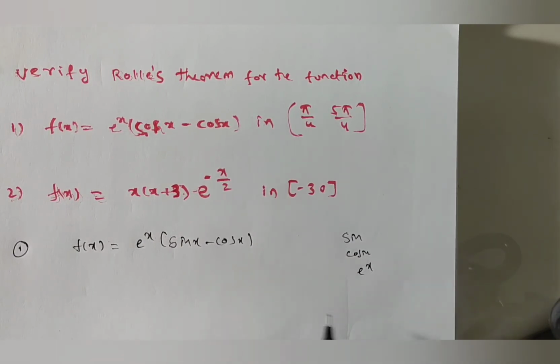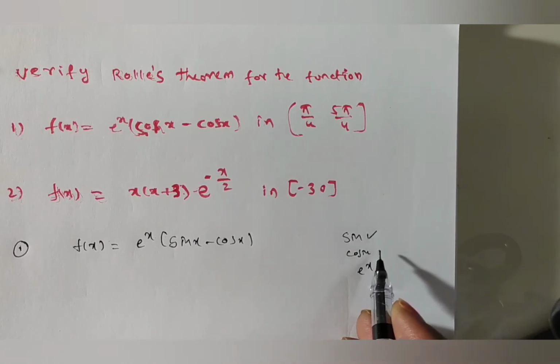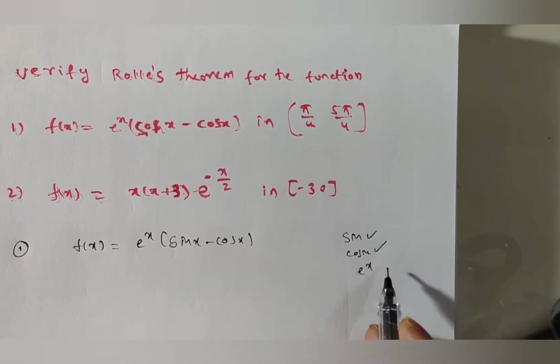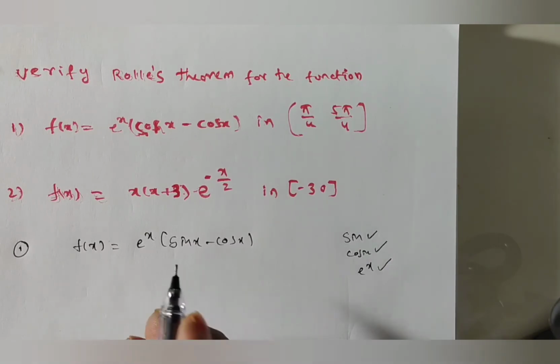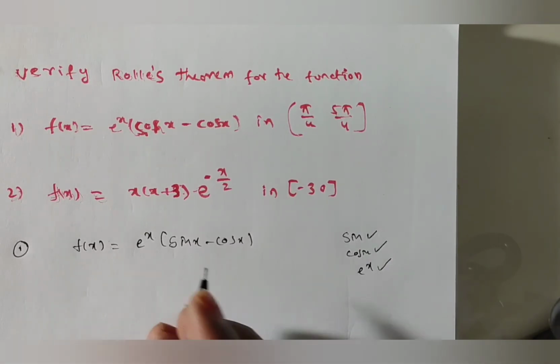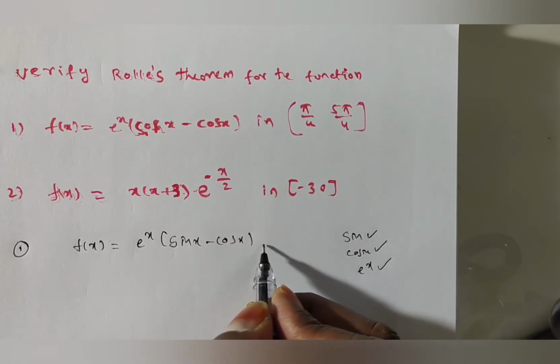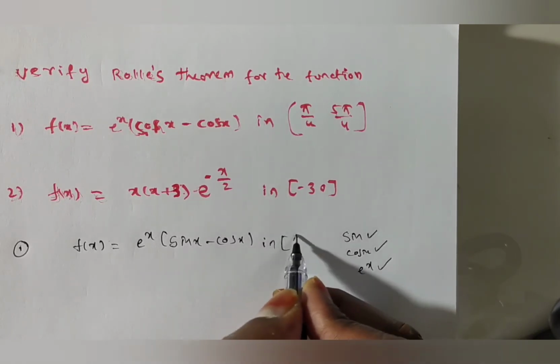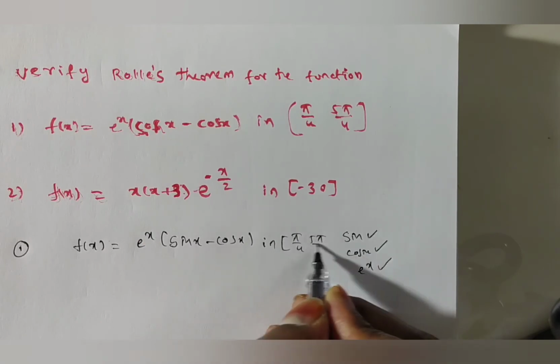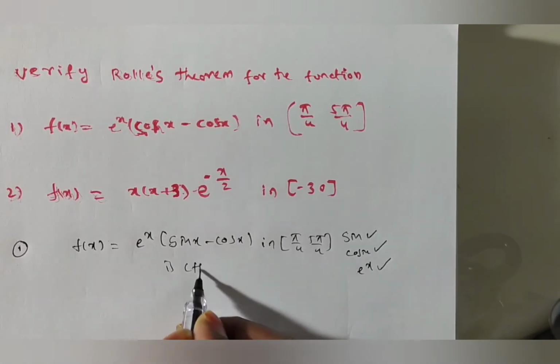You know that sine function is continuous, cosine function is continuous, e power x is also continuous. So their combination is also continuous. So f of x is continuous everywhere. Okay, so in pi by 4 comma 5 pi by 4 it is also continuous.